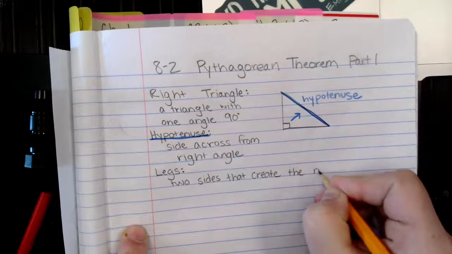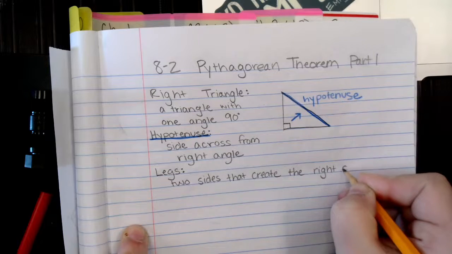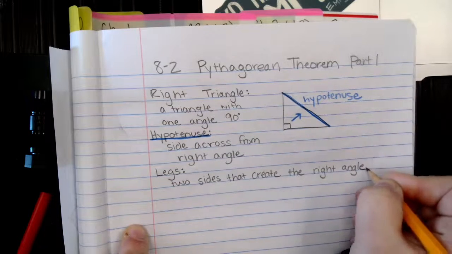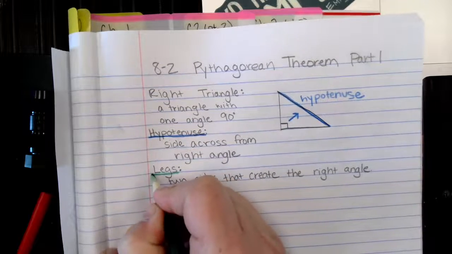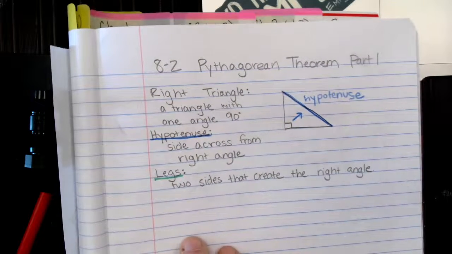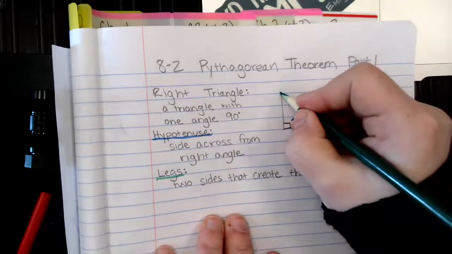So where that 90 degree comes together, where that box is in that corner, those two sides are the legs. So we have one leg and another leg.